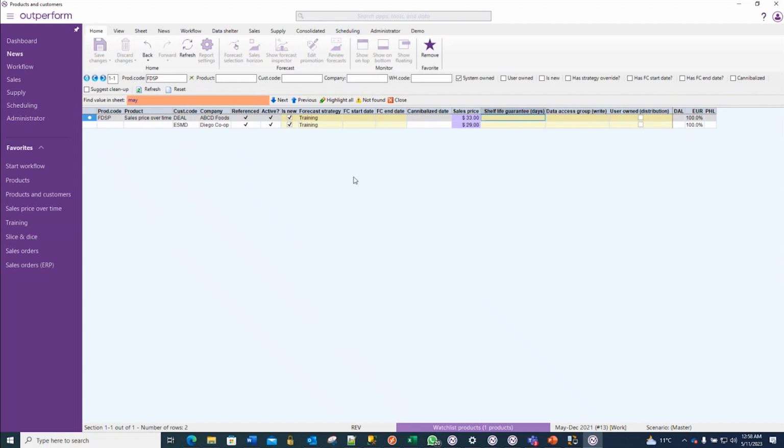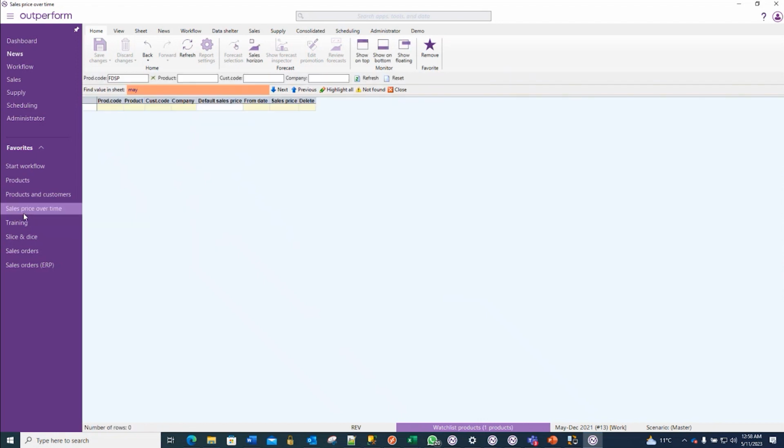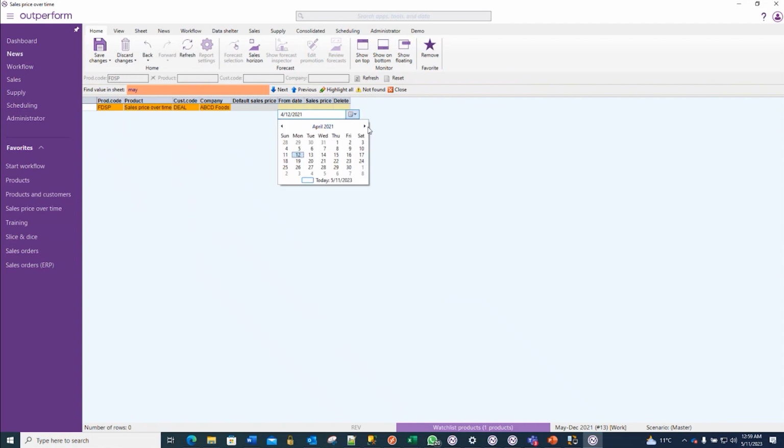So let's now say we adjust the sales price over time, and we say that for customer deal, from the 1st of May onwards, I am selling it for 35. And let's say make it somewhat clearer change. I'm selling it for 100.